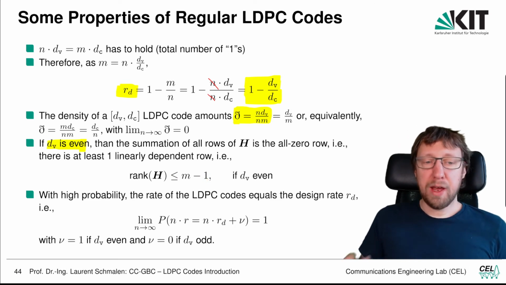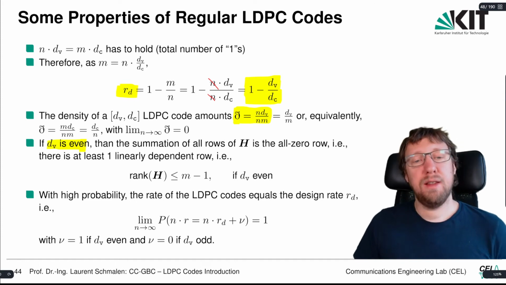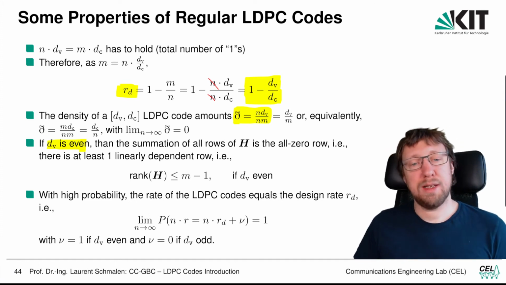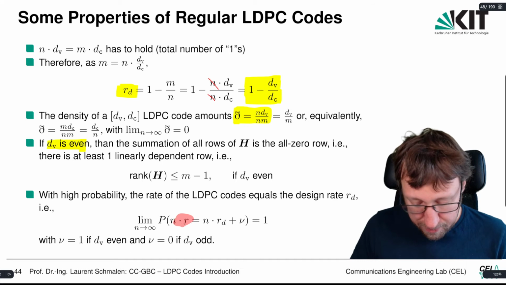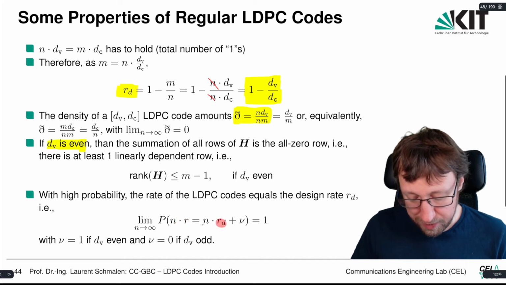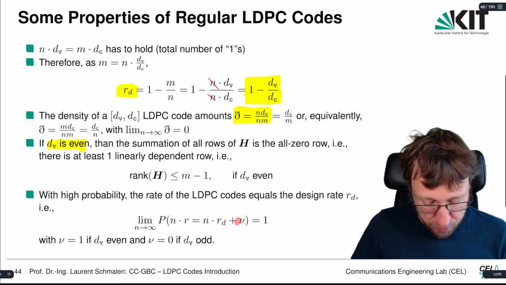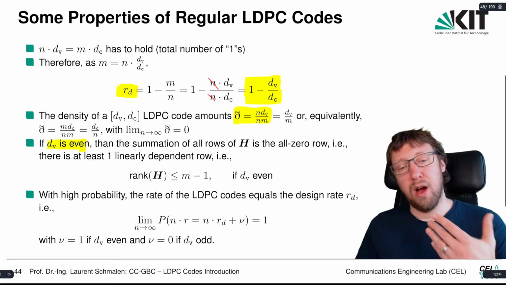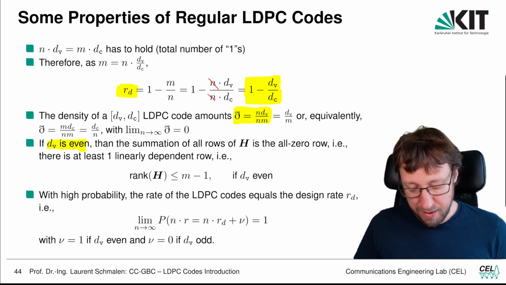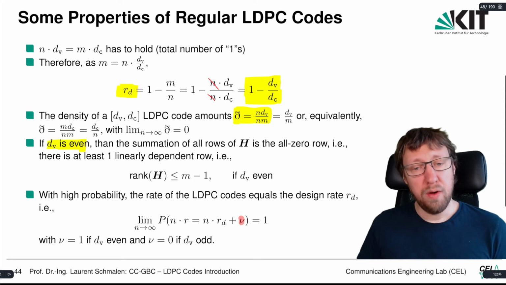But we can also show that with very high probability, the rate of the LDPC codes equals the design rate. We calculate the probability that the rate times n is equal to the design rate times n plus nu, and nu is equal to 1 if dv is even, just to account for the fact that we have one linearly dependent row.